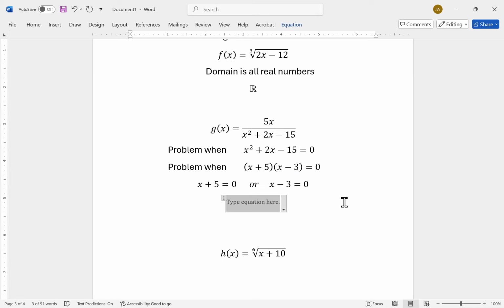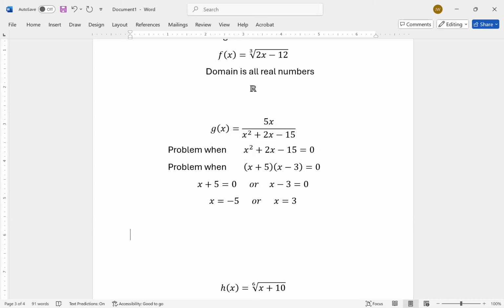Solve each one of these separately. x could have been negative 5 when I subtract 5 from both sides, or x could have been a positive 3. So if I plug in negative 5 into my function, I'm going to get a 0 in the denominator. If I plug in 3 into my function, I'm going to get a 0 in my denominator.